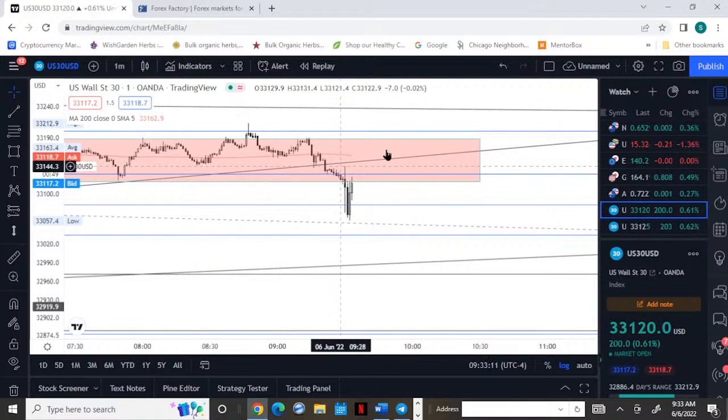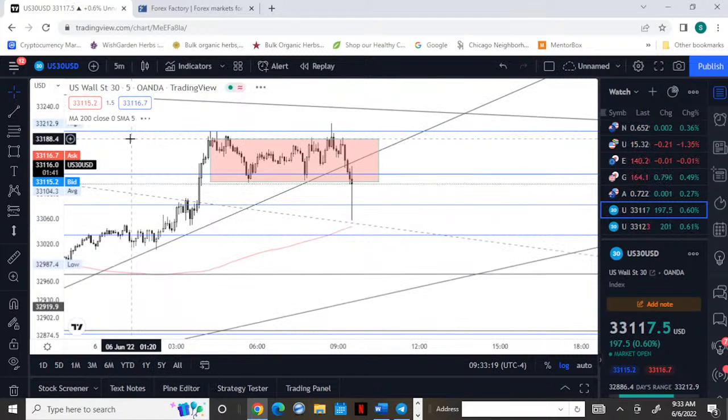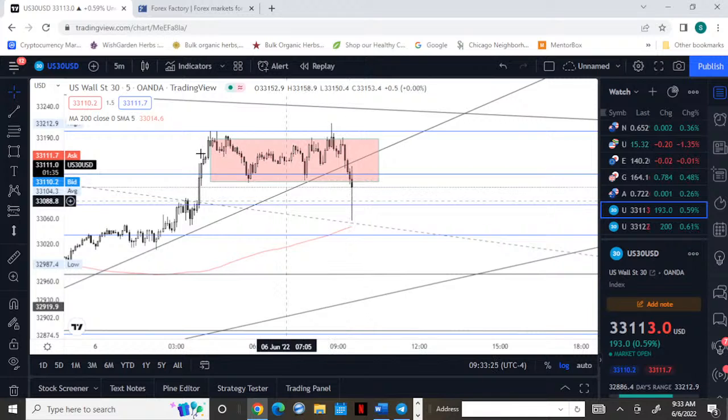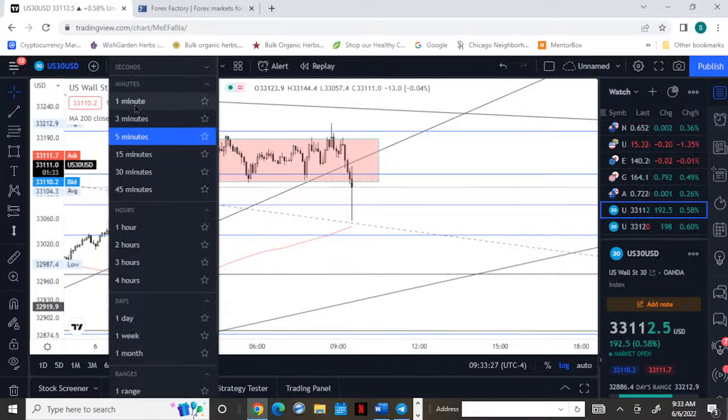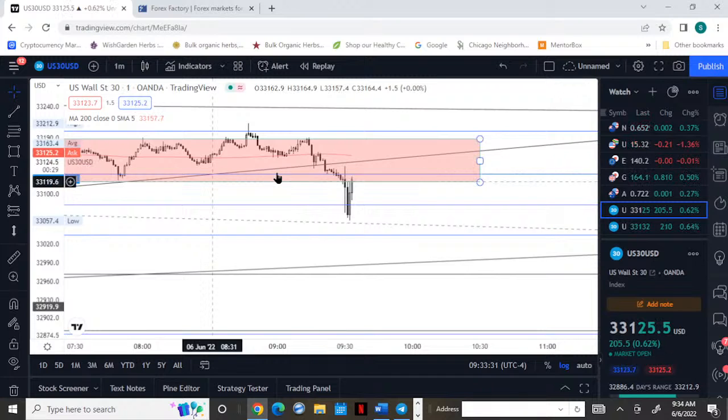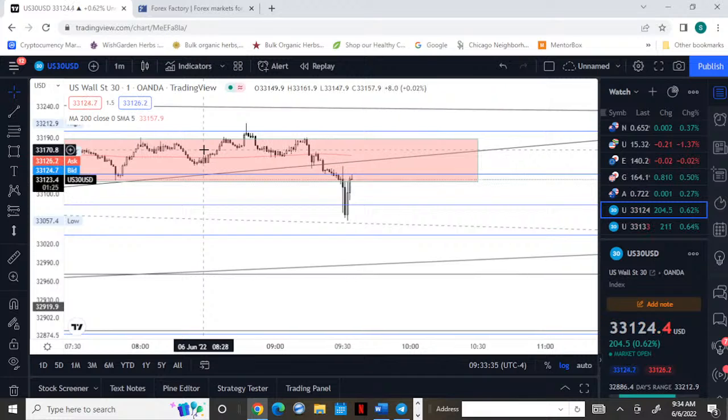I would like to see price come back and retest this trend line on the 1 minute. Let's see what we're looking like on the 5 minute. See how this candlestick looks deceiving. Right now it's retesting its consolidation zone. And is that it right there?